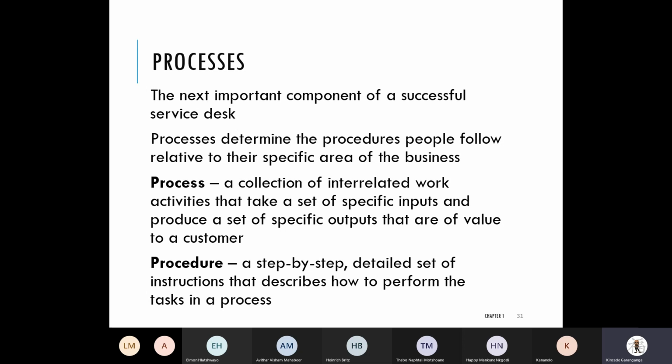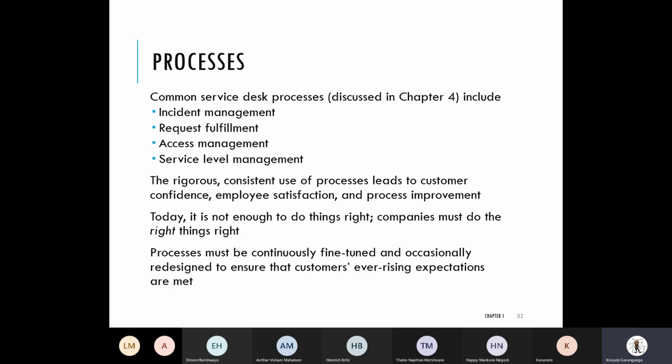So you can talk about incident management, your request fulfillment, service level agreements would fall in this category as well, and then access management. So this would also be described in a bit more detail again in the fourth learning unit or the fourth chapter associated with generic processes at large.